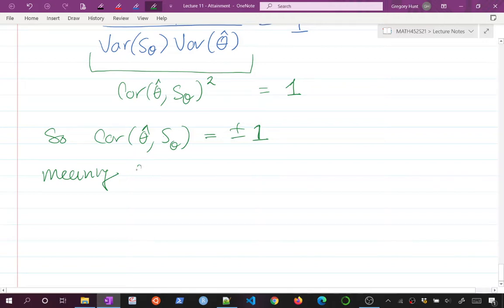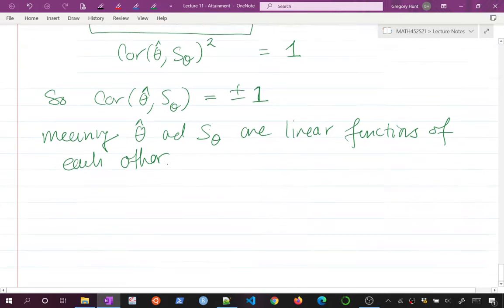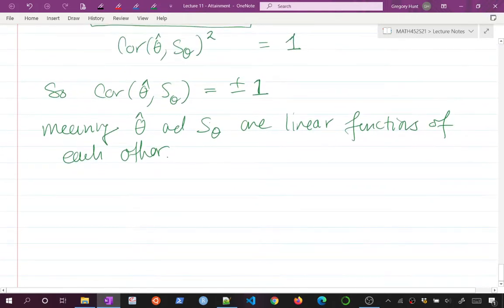So what this means is that theta hat and S theta are linear functions of each other. If the correlation between two things is exactly 1 or negative 1, they have to be perfectly linearly related.